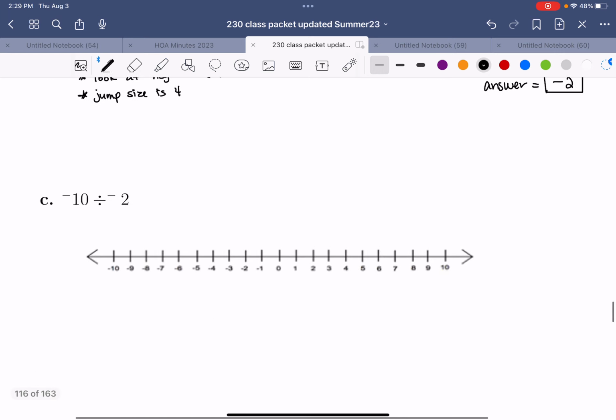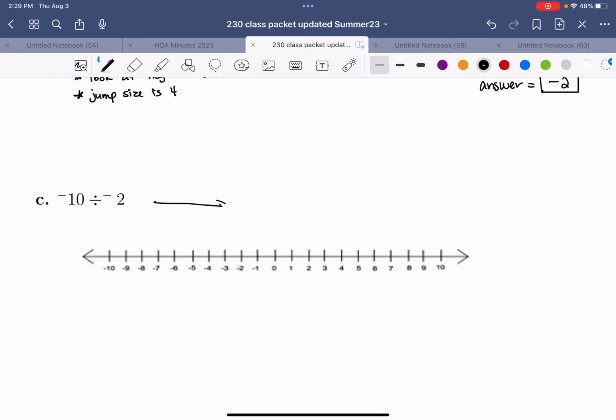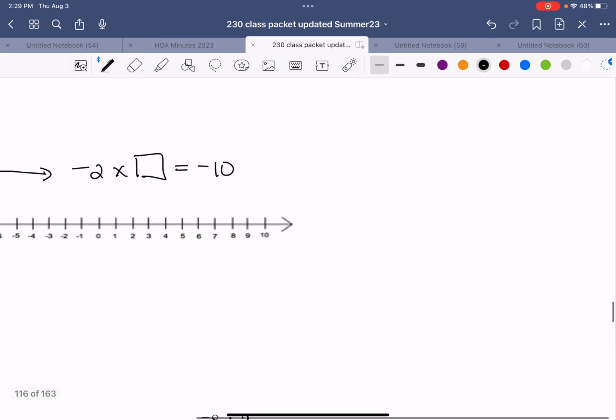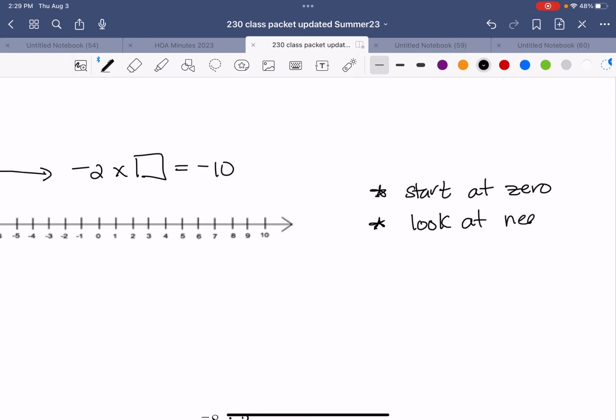Next, we have -10 divided by -2. So this becomes -2 times some box is -10. That means I'm going to start at 0. I am going to look at the negatives because -2.